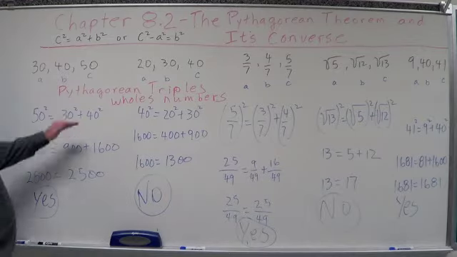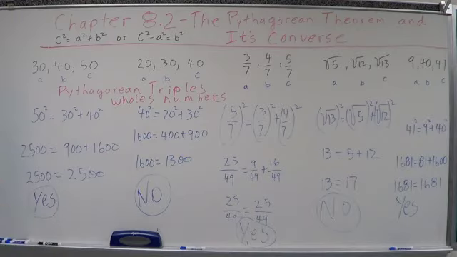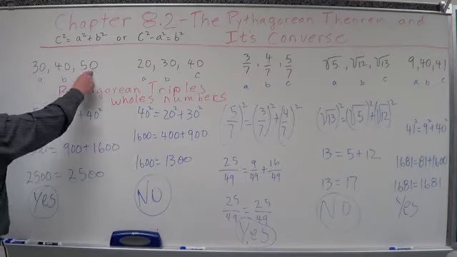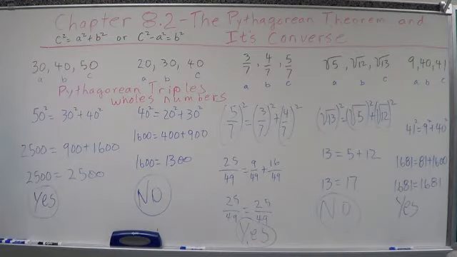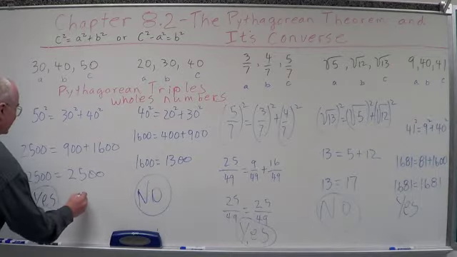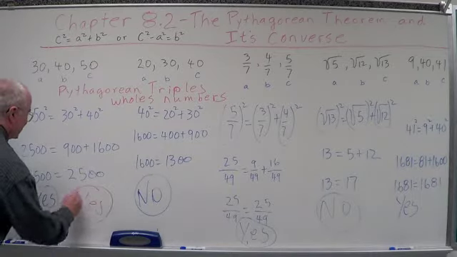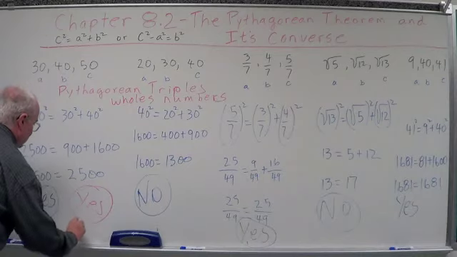Pythagorean triples have to be whole numbers and they satisfy the Pythagorean theorem. Well, is this a Pythagorean triple? They're whole numbers and they satisfy the Pythagorean theorem. Yes. Triple.